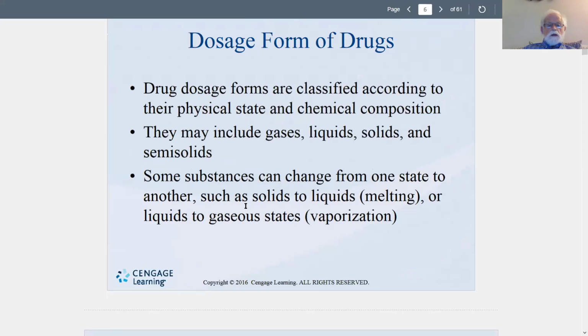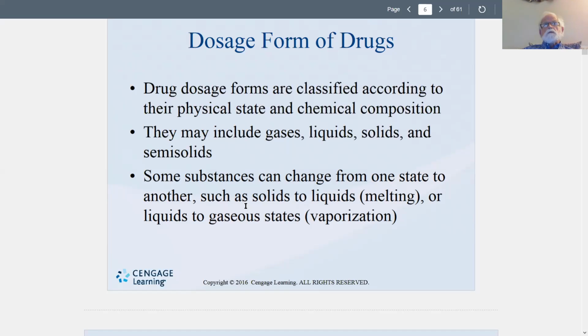Dosage forms range from gases to solids. We have gases, we have liquids, we have semi-solids, and we have solids. We're not going to spend a lot of time with gaseous drugs, but think of inhaled anesthesia as an example of a gaseous drug.